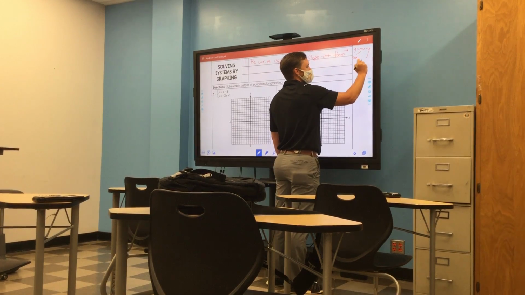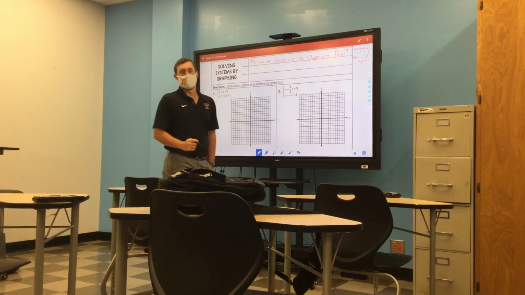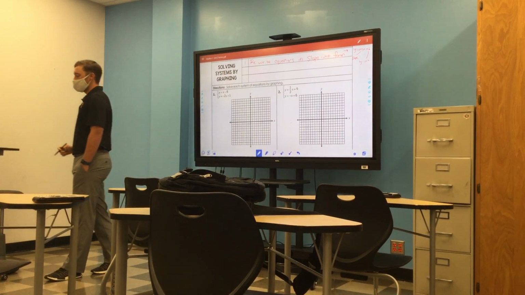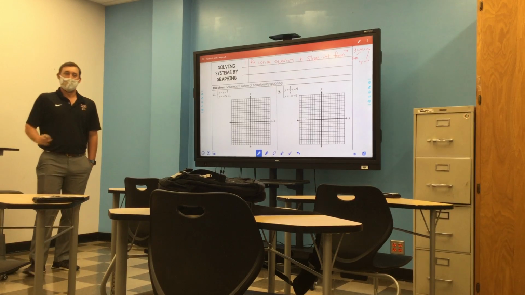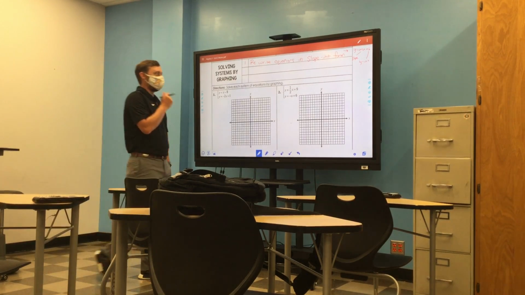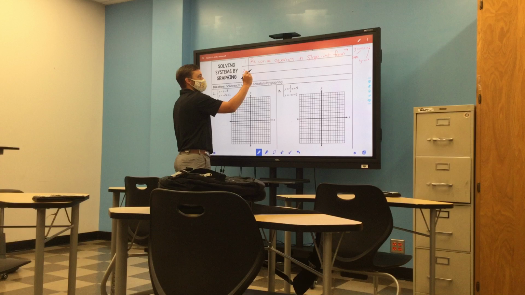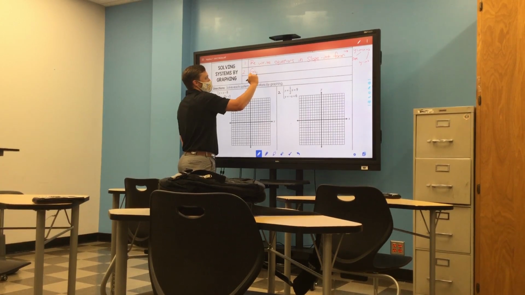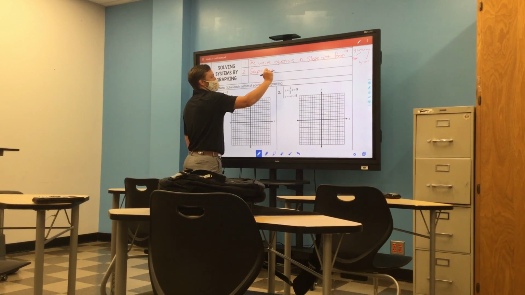And b represents your y-intercept. So m represents the slope, b represents the y-intercept. Once you have that in slope-intercept form, the second thing you want to do is graph the lines.